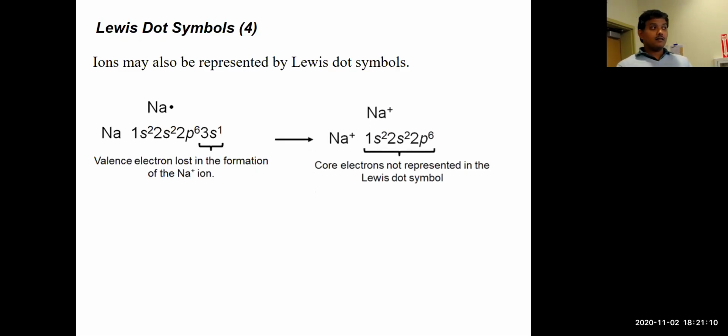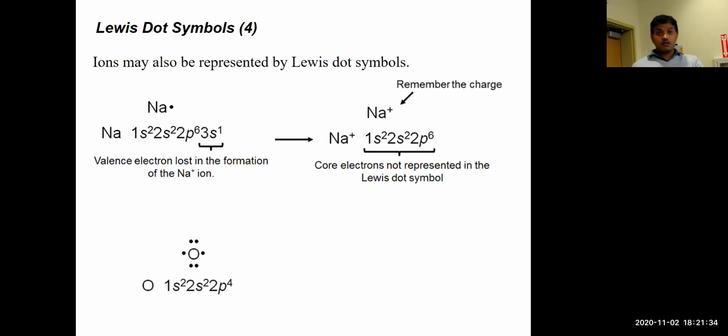So when it does, its Lewis dot symbol changes from a single dot to just a positive charge. And we're using the charge to say that it lost an electron. So it is very easy to read. And also, whenever there are charges, you need to show the charges. So do not forget the charge. That's why I included that.